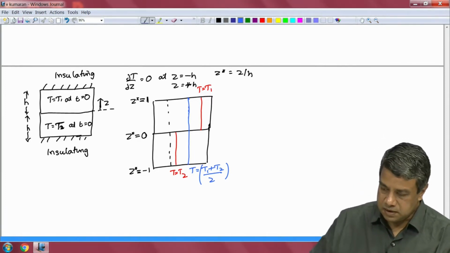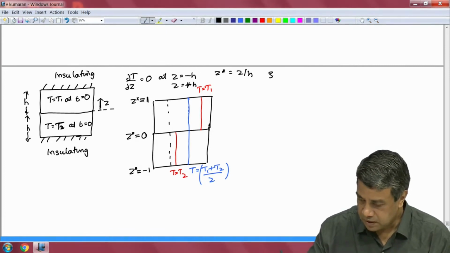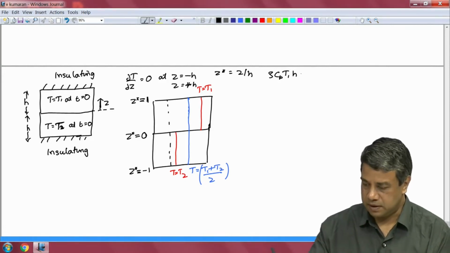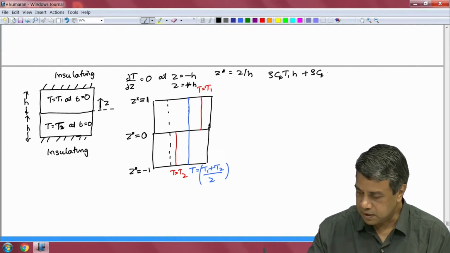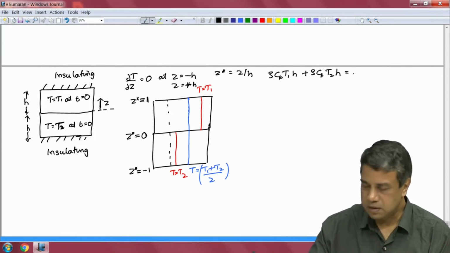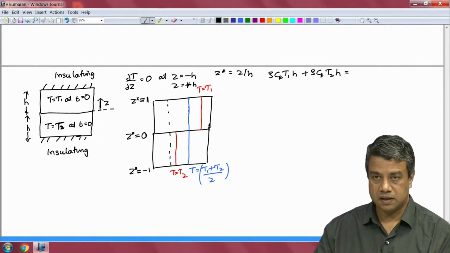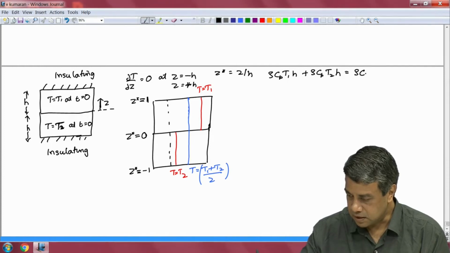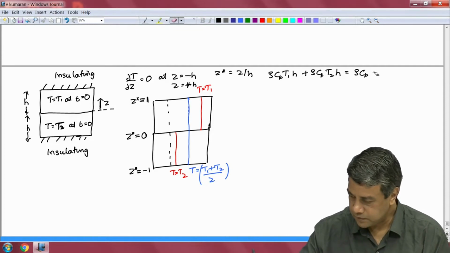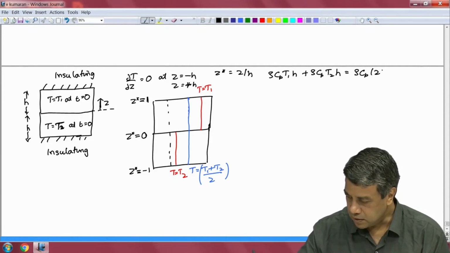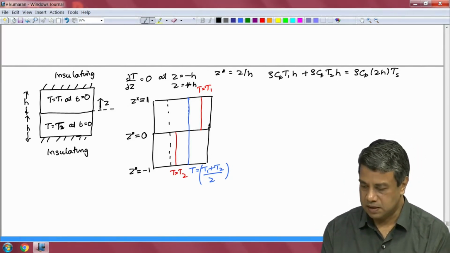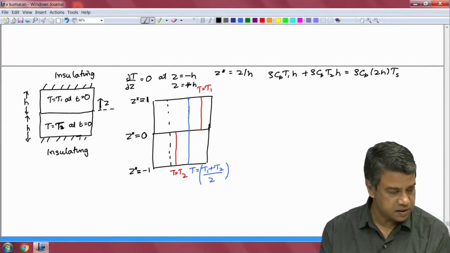Okay, so that is the condition for total energy balance, energy per unit area. Therefore, the final temperature has to be T1 plus T2 by 2.